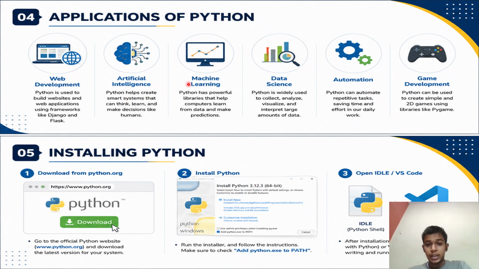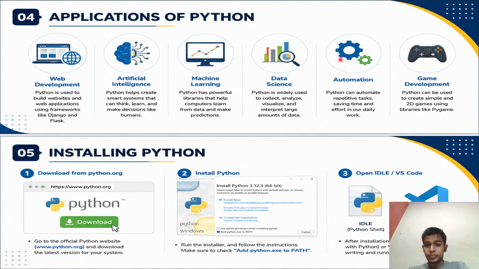Third is machine learning. Python provides powerful libraries that help computers learn from data and make predictions without being explicitly programmed for every task. Next is data science. Python helps collect, analyze, visualize, and interpret large amounts of data, making it popular among data analysts and researchers.